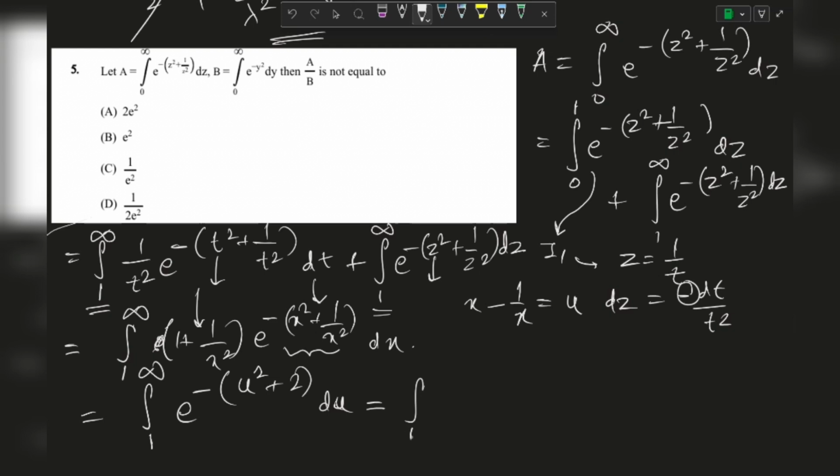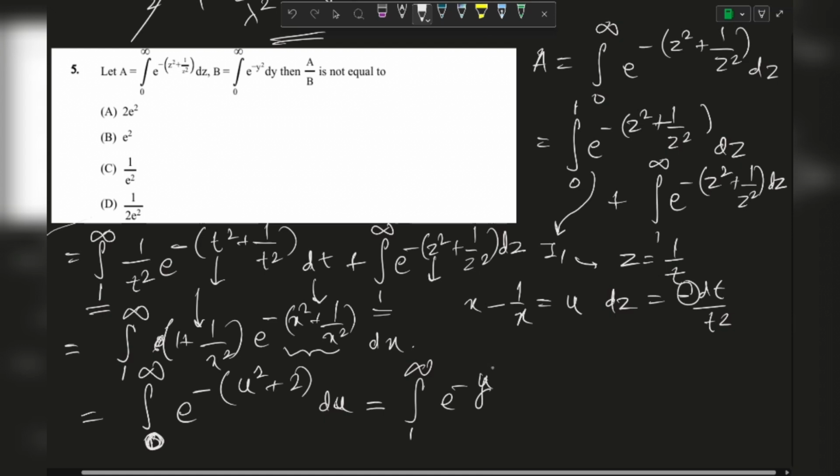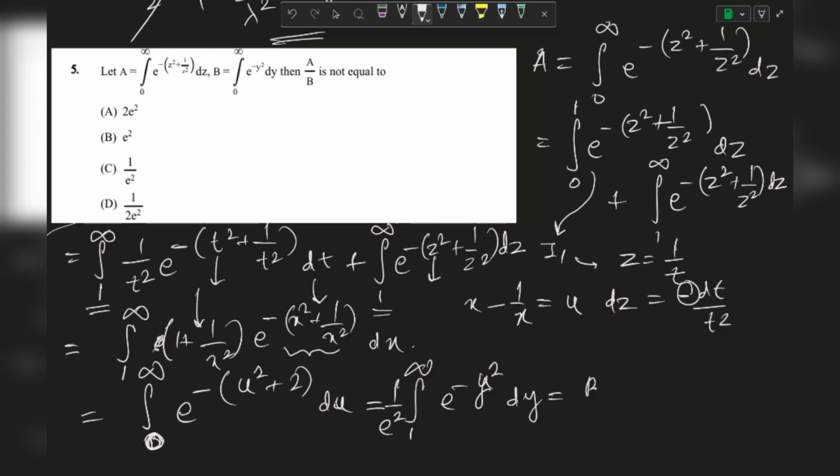So if we write this as integral 1 to infinity e power minus u squared, or as it is given, y squared. Okay, this thing is 0. I'm sorry, I forgot to change it. If we write this as y squared dy as written in the question, and e power minus 2, which becomes 1 by e squared. So basically this is b by e squared, which is equal to a.